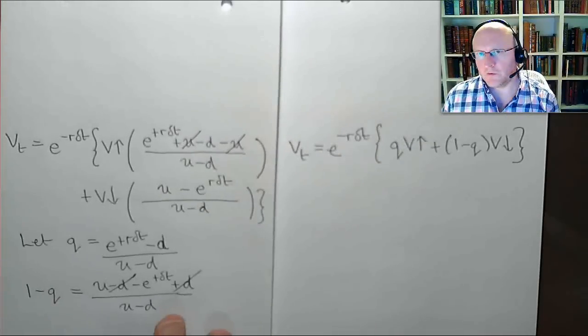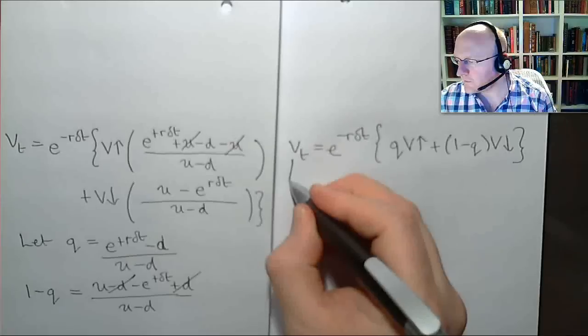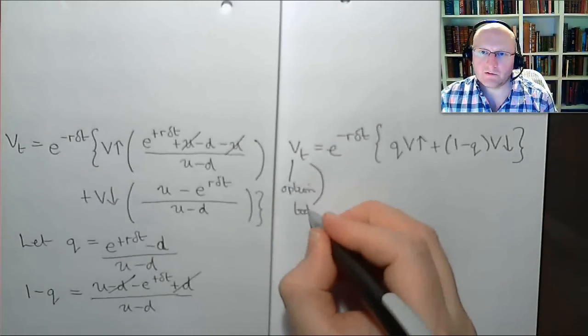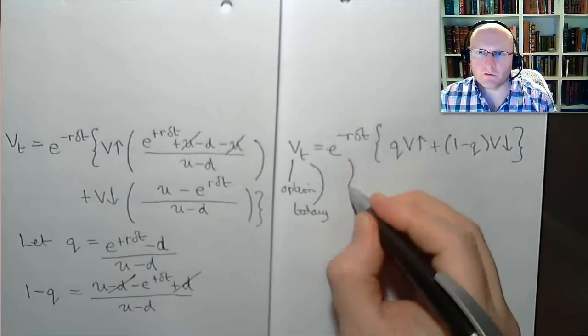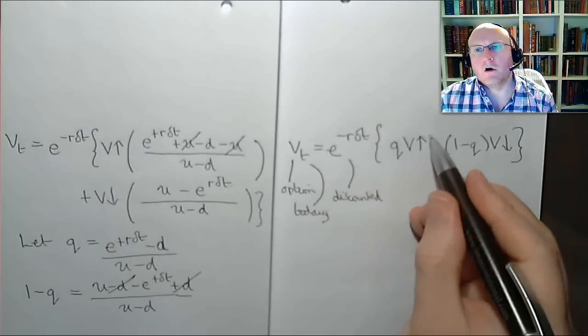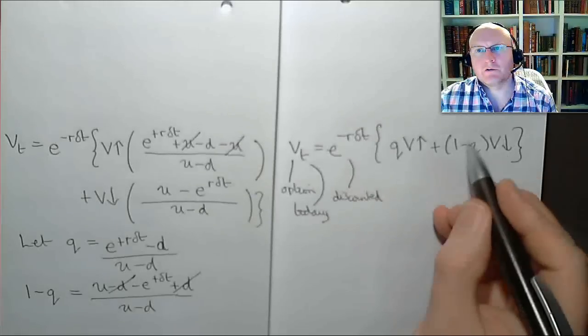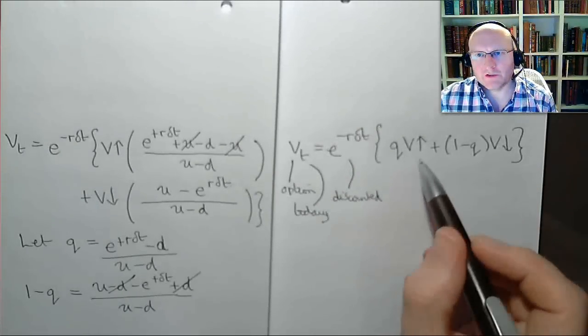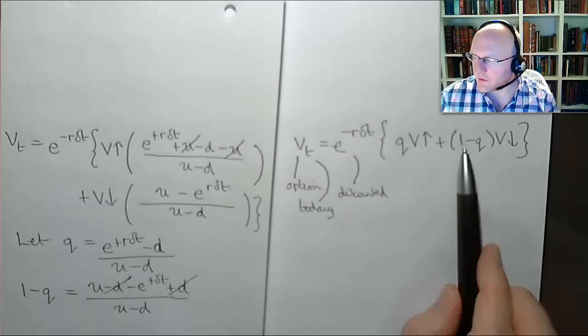So let's clarify what we mean here. We have the option value today is a discounted combination of the future option values. But notice the form of this combination, in which the weights add up to 1.